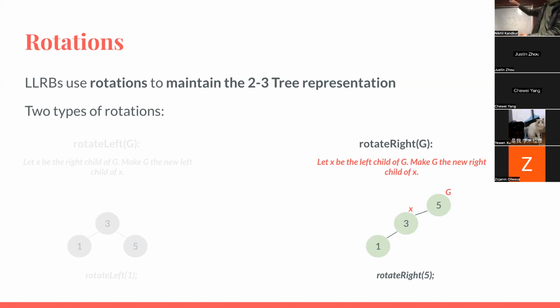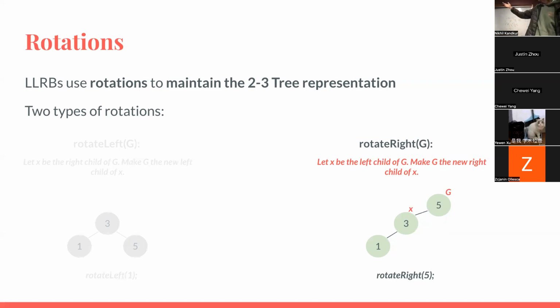So it'd be kind of like that shape, if that makes sense. 3 would be here, 1 would be here, and this would be 5. So it would rotate right like that. That makes sense?